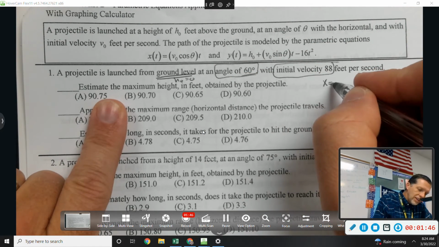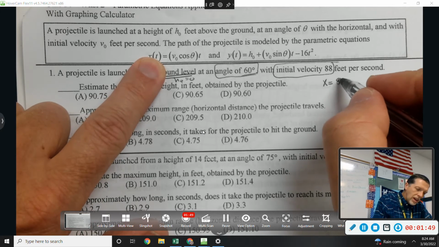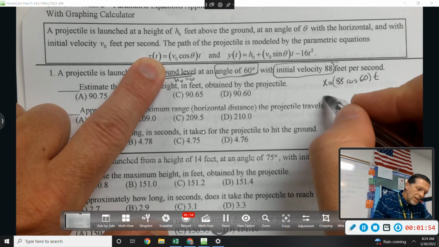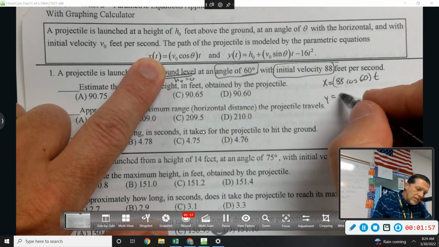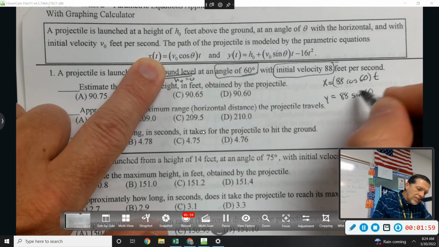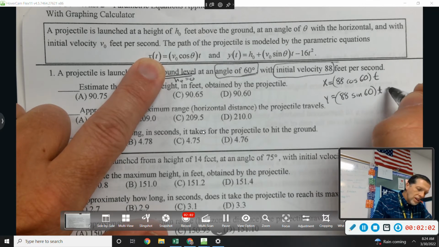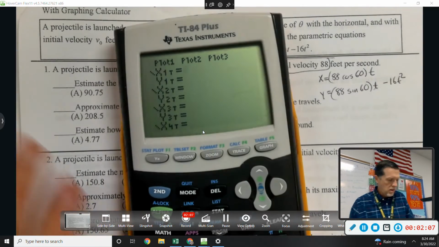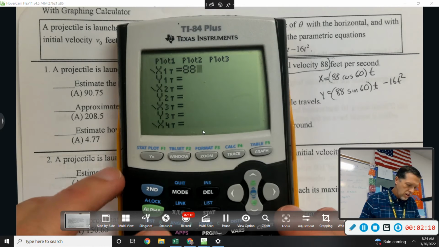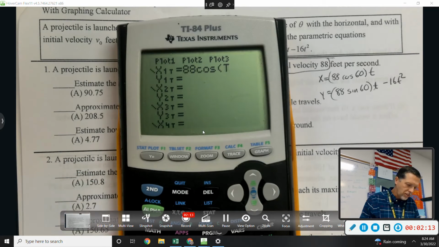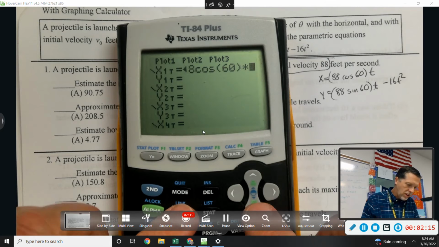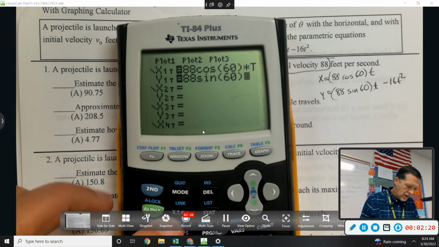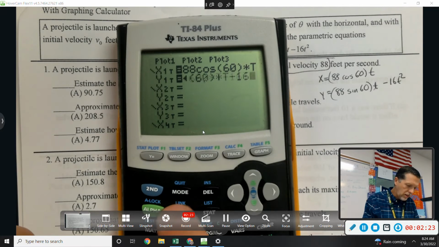Okay, so x is, it's right up there, 88 cosine 60 times t, and y is 88 sine 60 times t, minus 16t squared. 88 cosine 60 times t, 88 sine 60 times t minus 16t squared.